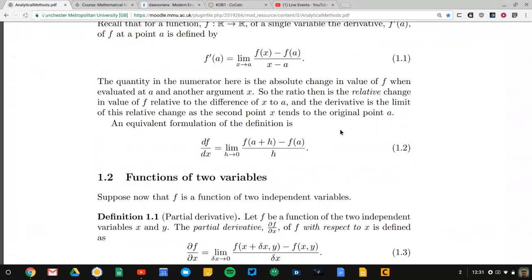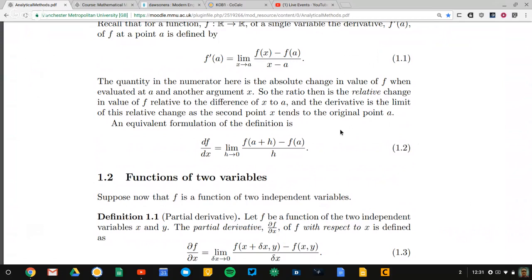You can call that like a chord through the graph of f, if you like. The quantity f of a plus h minus f of a all over h is the gradient or the slope of that black dotted line, the slope of this line here.